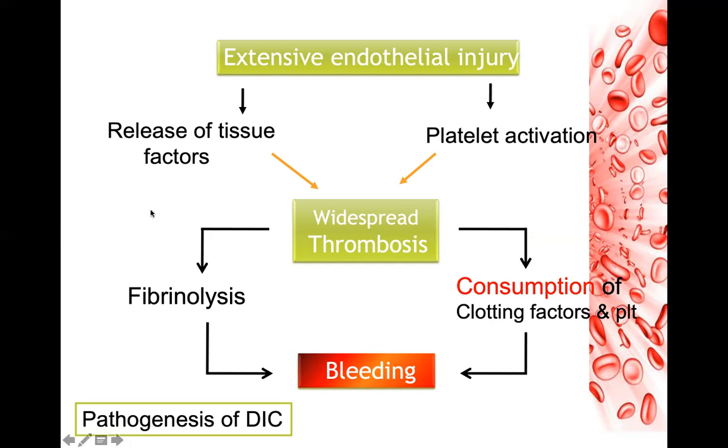And one of the ways by which we can restore homeostasis in the blood vessel is, of course, to activate fibrinolysis. So consumption of the clotting factors as well as fibrinolysis would result into what we call a very lethal or fatal form of bleeding that accompanies DIC.